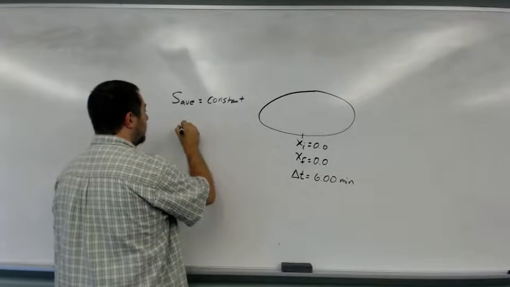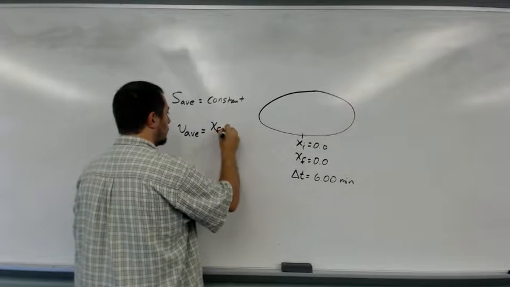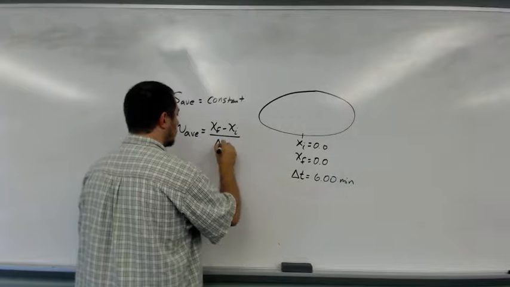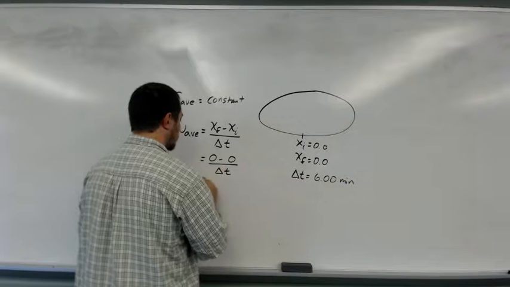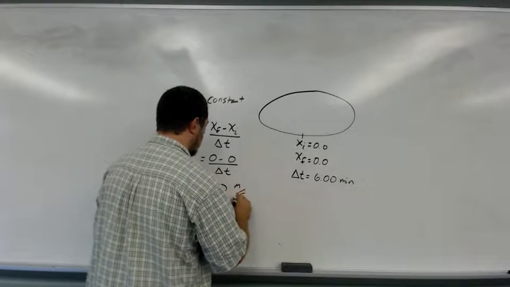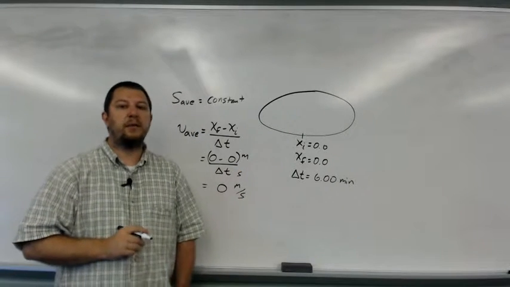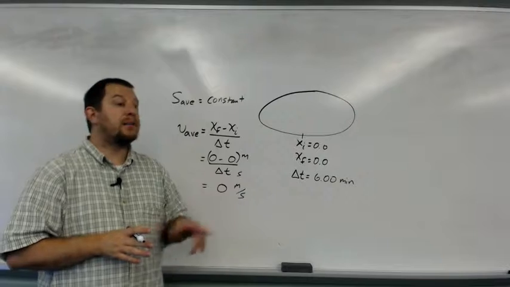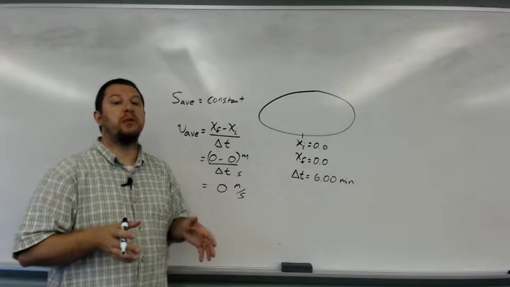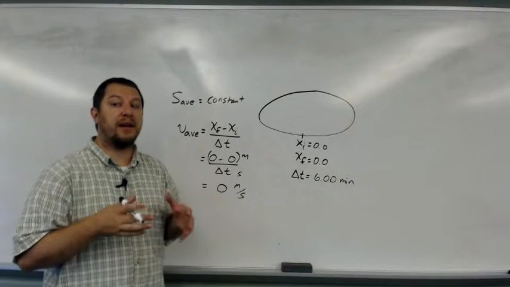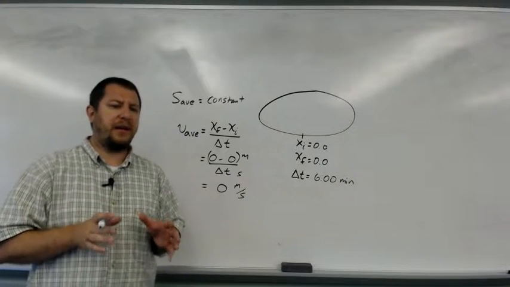The average speed, or I'm sorry, the average velocity, okay, is going to be 0 meters per second. And that's because their displacement is 0. When you end up right where you started, your total displacement is 0. That means your average velocity is 0. That can seem a little counterintuitive to a lot of people.